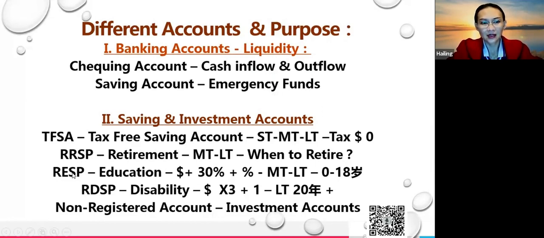In the following months, we will also share with you the RESP for children's education, and the RDSP, for those people who suffer from disabilities. Those are disabled persons, vulnerable people we need to help. And then, of course, when you maximize the different accounts and you still have extra money, you can open a non-registered account. This is like your own investment account.